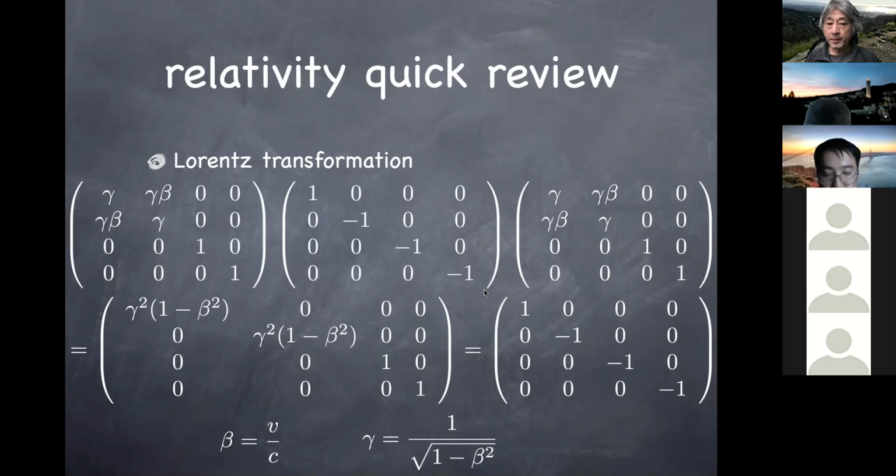But is there a particular motivation why it is the way it is? So the correct question to ask is: what is the general 4x4 matrix? Let me call the matrix O. Then what I have here is O times the metric times O transpose is the same as the original metric. That is the general condition. And this is one solution to that condition, which corresponds to the Lorentz boost.